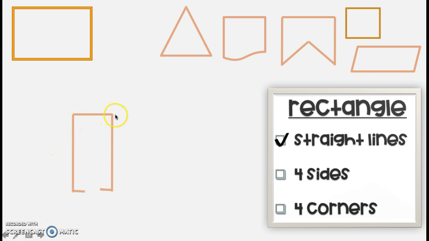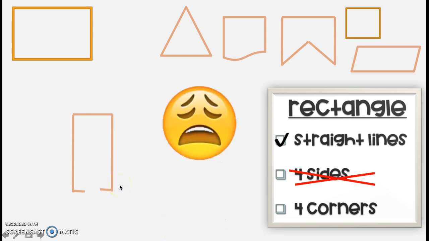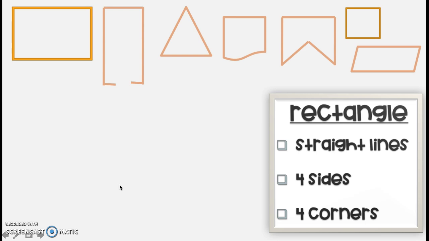One, two, three. What is going on over here? I don't see one more big long side. I see two little chunks of a side. So, are there four whole sides, friends? Nope. So is this shape a rectangle? No way. Nope. Get out of here. You're not a rectangle. All right, let's try the next one.